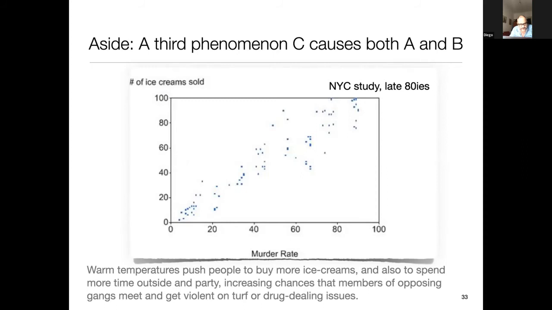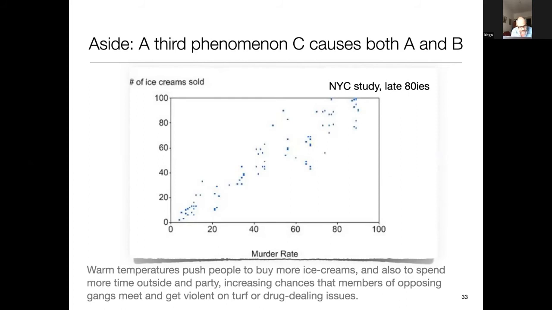For instance, there is a very interesting statistic of the murder rate in New York City in the late 80s that showed a very impressive correlation with the number of ice creams sold. You see this plot here. On the horizontal axis you have the murder rate, on the vertical axis you have the number of ice creams sold.